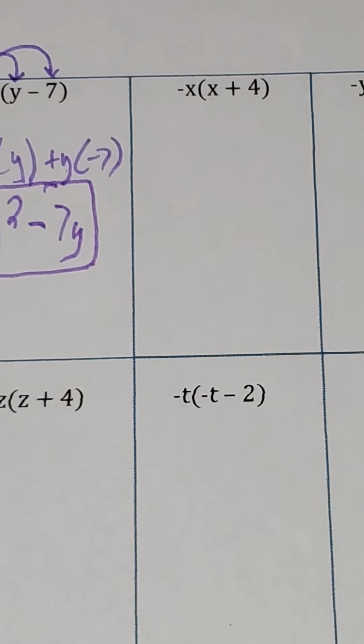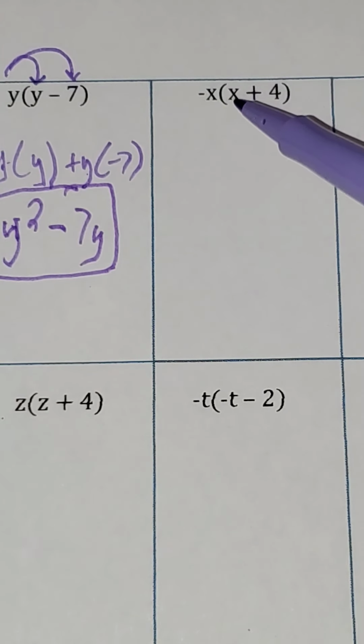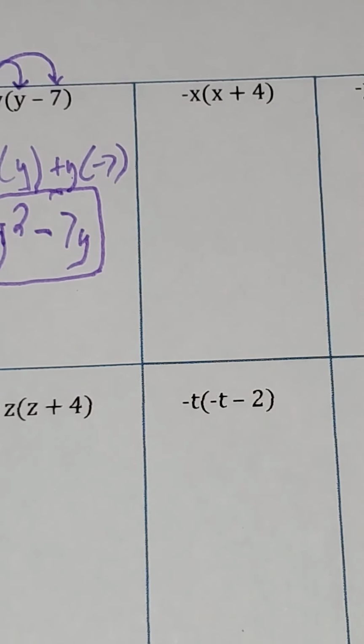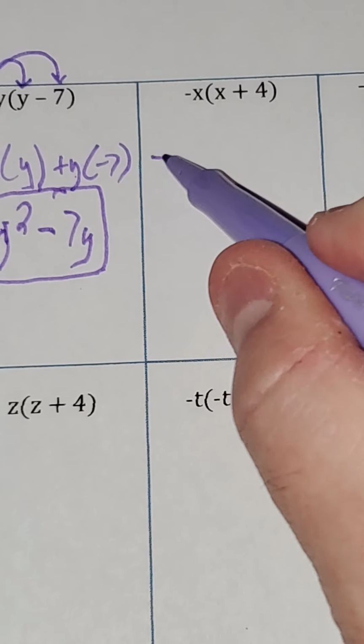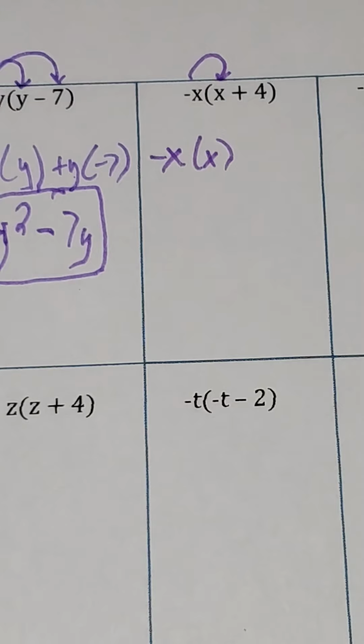Let's move to another one. This one has a negative x outside. Okay, and it's no different than, remember, a negative times a positive is a negative, and a negative times a positive is a negative. When we're done here, we'll have 2 terms that are both negative. Okay, we're going to take the negative x and multiply it times a positive x.